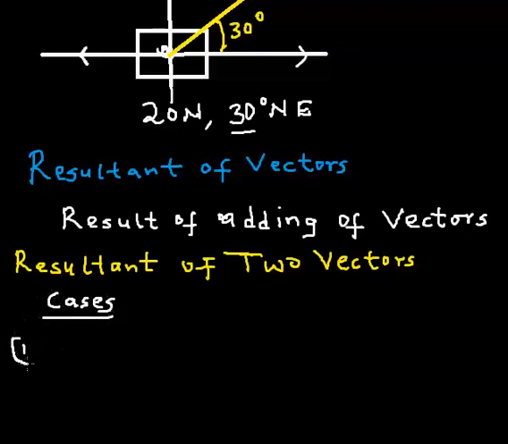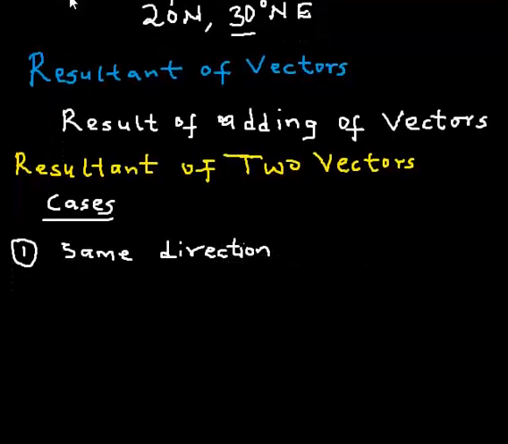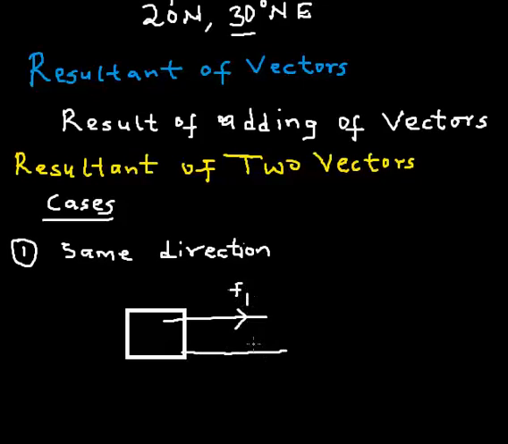Let's look at the two vectors acting in the same direction. A typical example is when I have a load and this load is being pulled by two forces, let's say force F1 and force F2 in the same direction, and I'm being asked to find the resultant of these two forces.